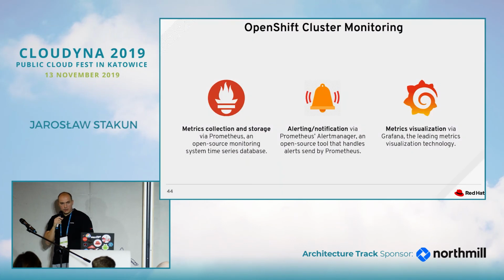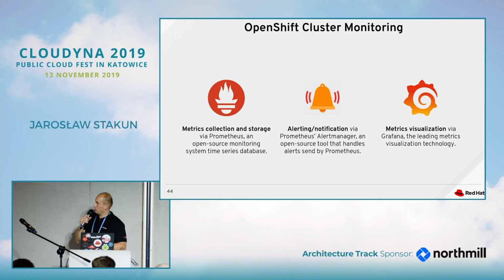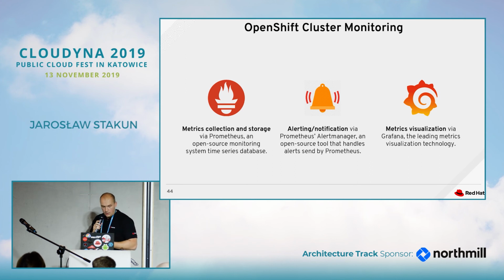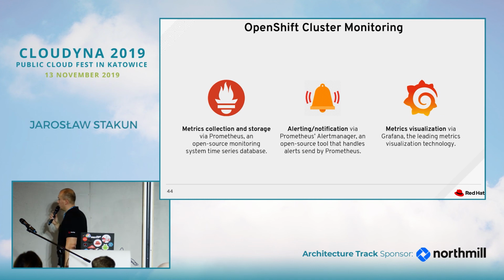From the monitoring point of view, in OpenShift we rely on, I would say now, a very common stack. So Prometheus for storing the metrics, Prometheus Alert Manager for all the alerts and notifications, and Grafana for the visualization of our metrics.